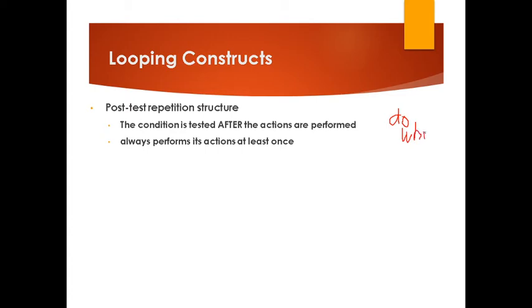You will know more about this one soon. The condition is tested after the actions are performed. So action first before the condition. It always performs its actions at least once.